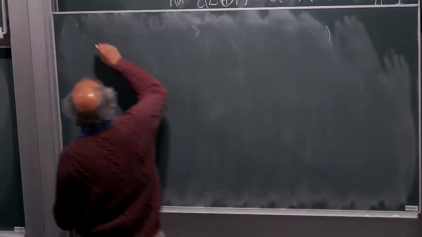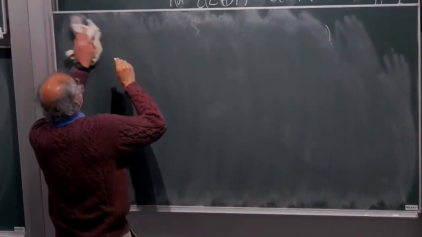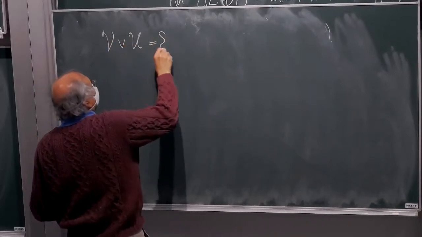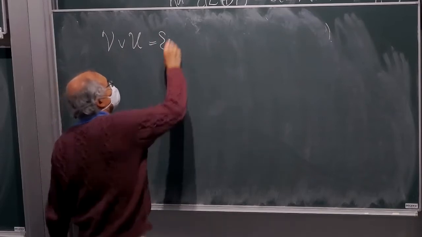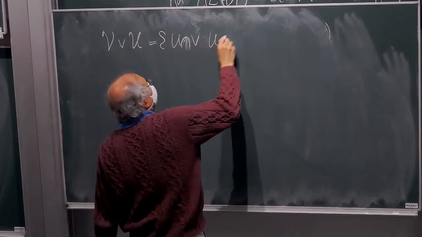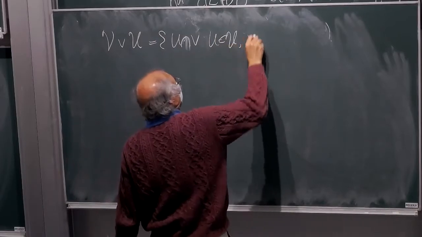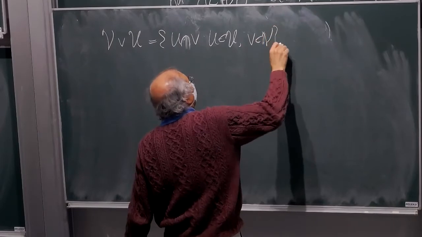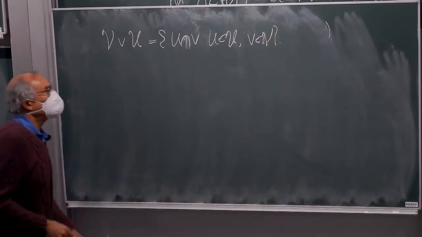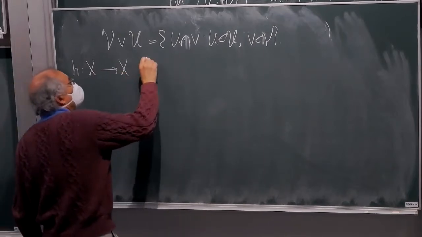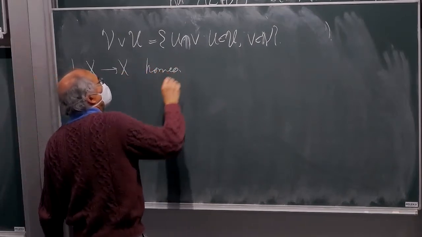I'll need the least common refinement written like this. And what is it? It's all the intersections. And now I'll take h, X to X, a homeomorphism, need not be minimal.